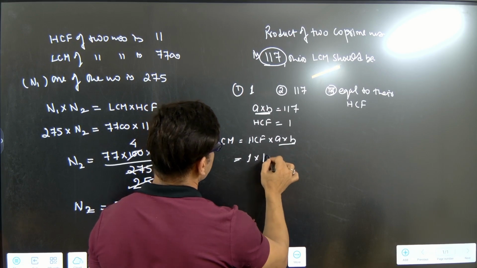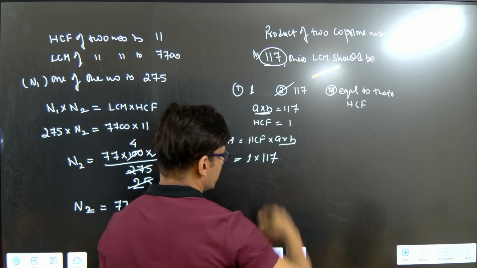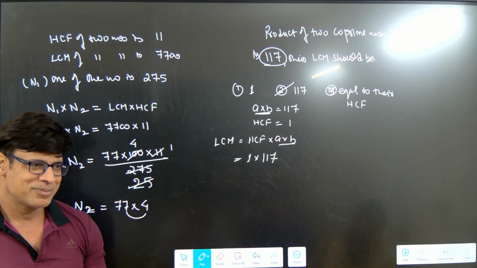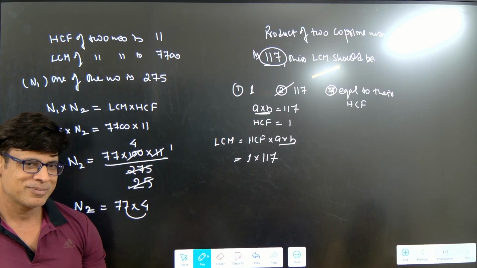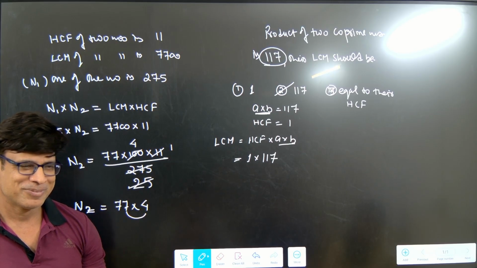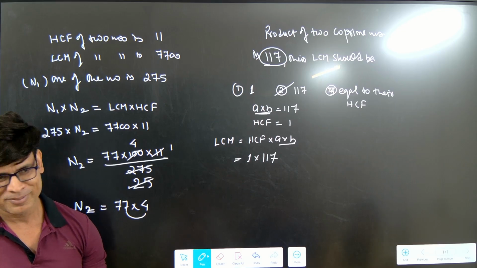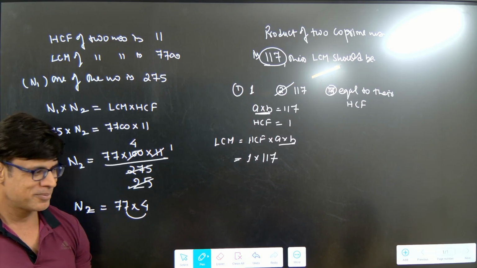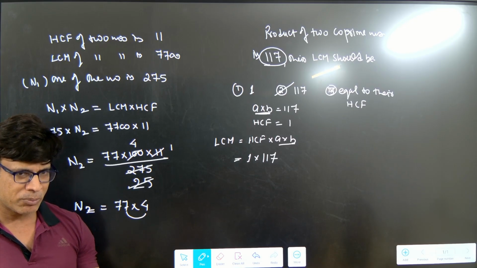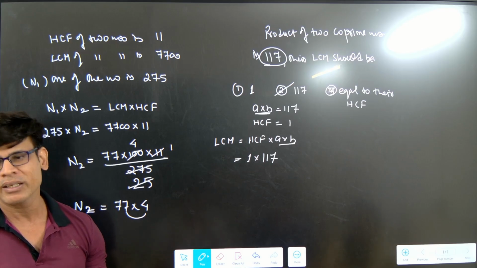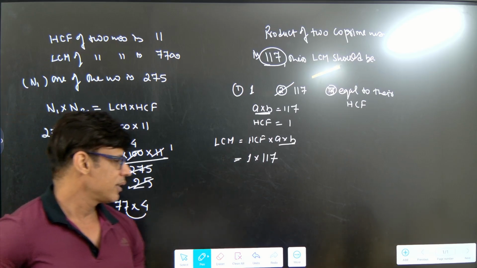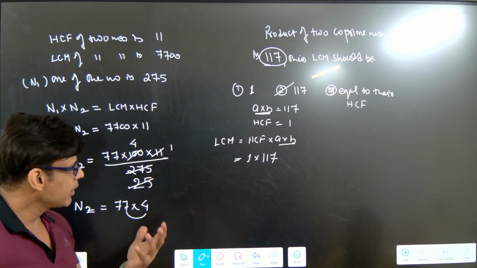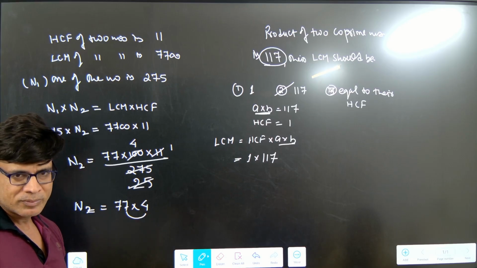And A and B is already given to you. Any two co-prime numbers, their HCF will be 1, no matter what. HCF is highest common factor, that means the highest number which can divide both completely. 1.